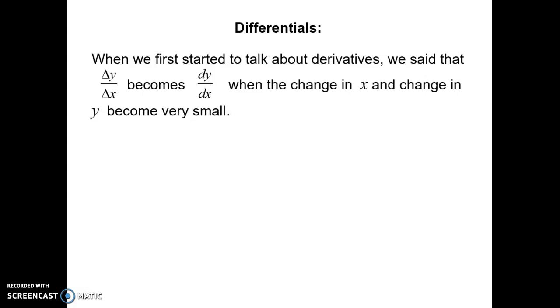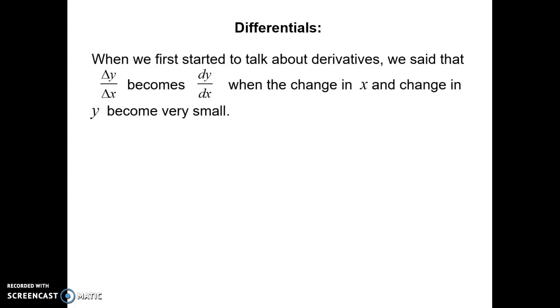When we talk about nanotechnology and chemistry, when we're talking about really small changes in grams, then 0.001 gram might be a very small change. So again, it is relative to what we're talking about in context to each problem.